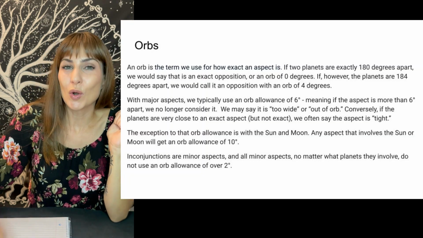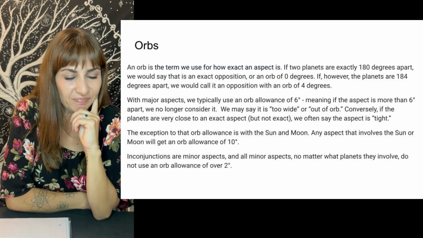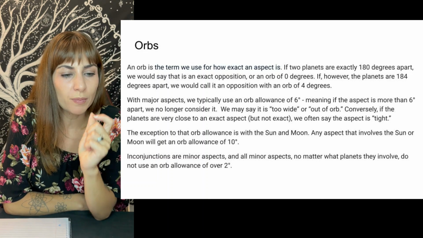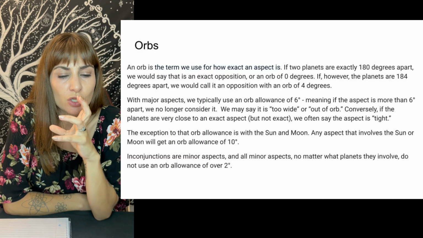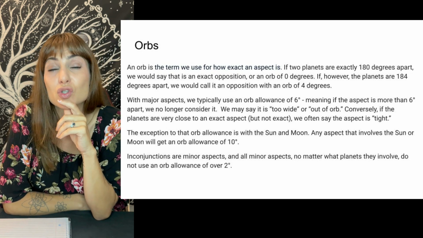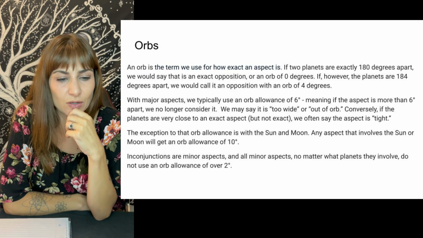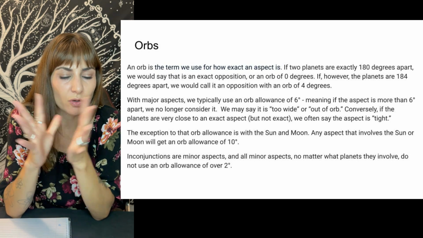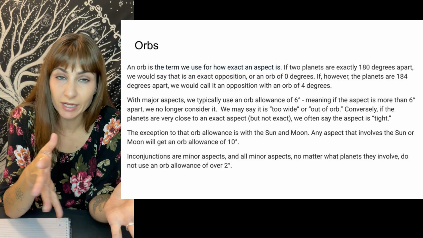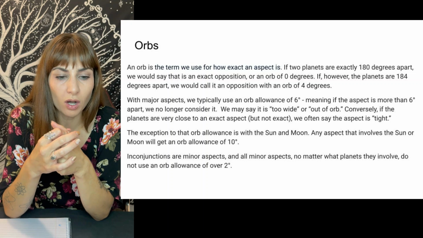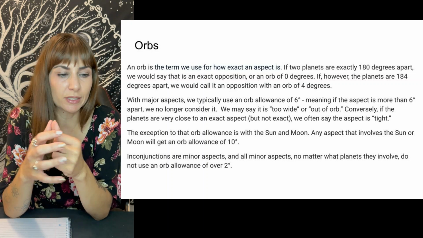All right, orbs, very important. And what's an astrological orb? So an orb is the term that we use to describe how exact an aspect is, how strong it is, okay? If we have two planets that are exactly 180 degrees apart, then we would say it's an exact opposition, or it's an orb of 0 degrees.